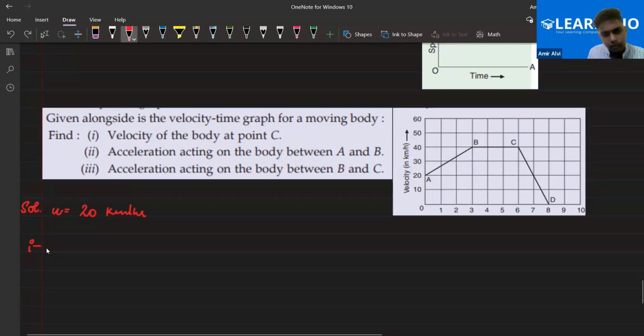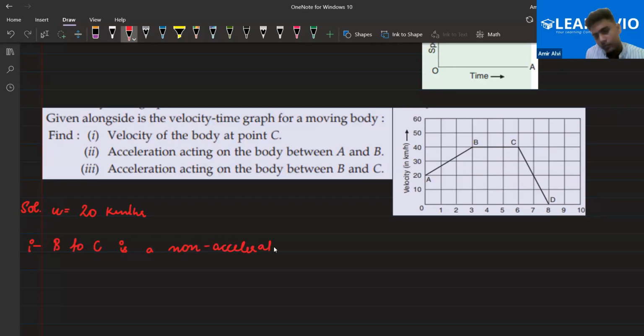So you will write: B to C is a constant velocity motion. Clear, everyone?